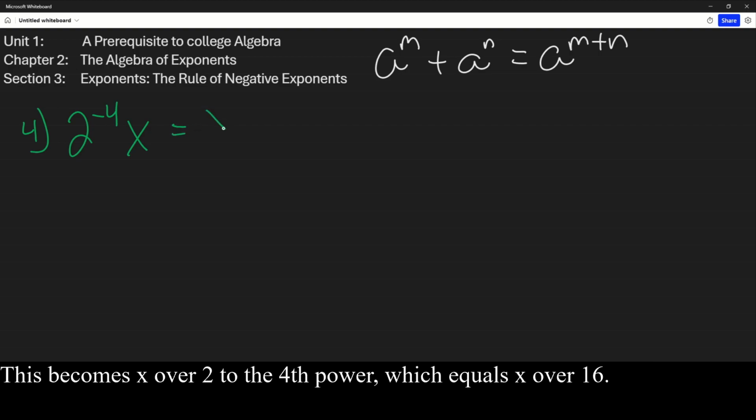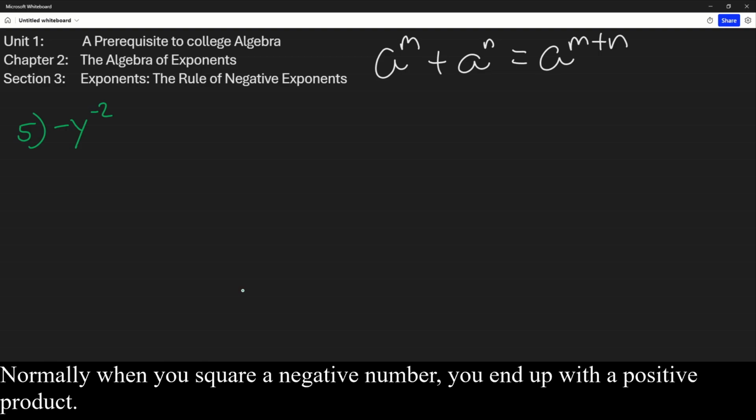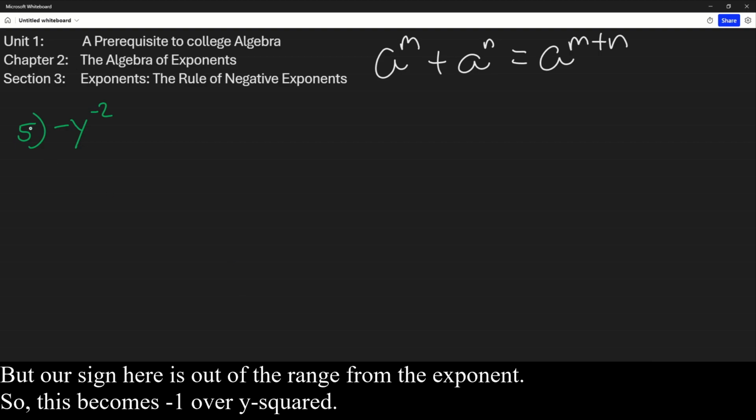This becomes x over 2 to the 4th power, which becomes x over 16. Number 5, negative y to the negative 2 power. Normally, when you square a negative number, you end up with a positive product. But our sign here is out of the range of the exponent. So this becomes negative 1 over y squared.